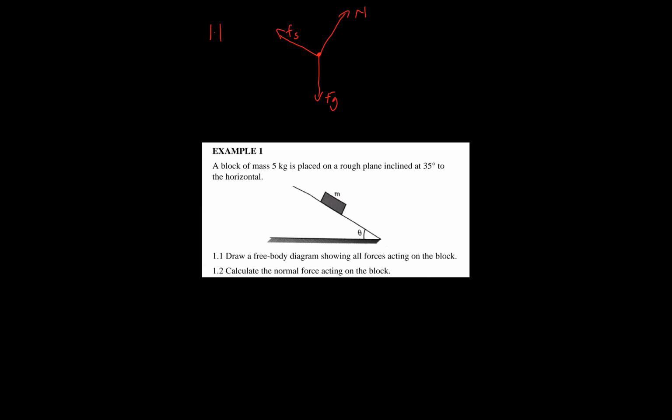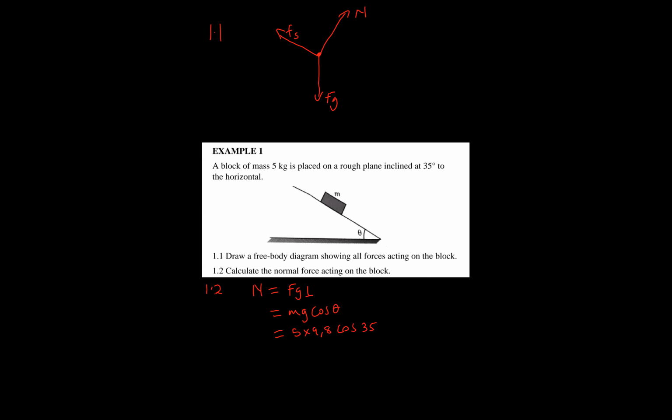Now, let us calculate the normal force. So what must come to your mind is that this is case number one. So for case number one, normal force is equal to Fg perpendicular. And this is mg cos of theta. And the mass is 5, g is 9,8, cos of 35.